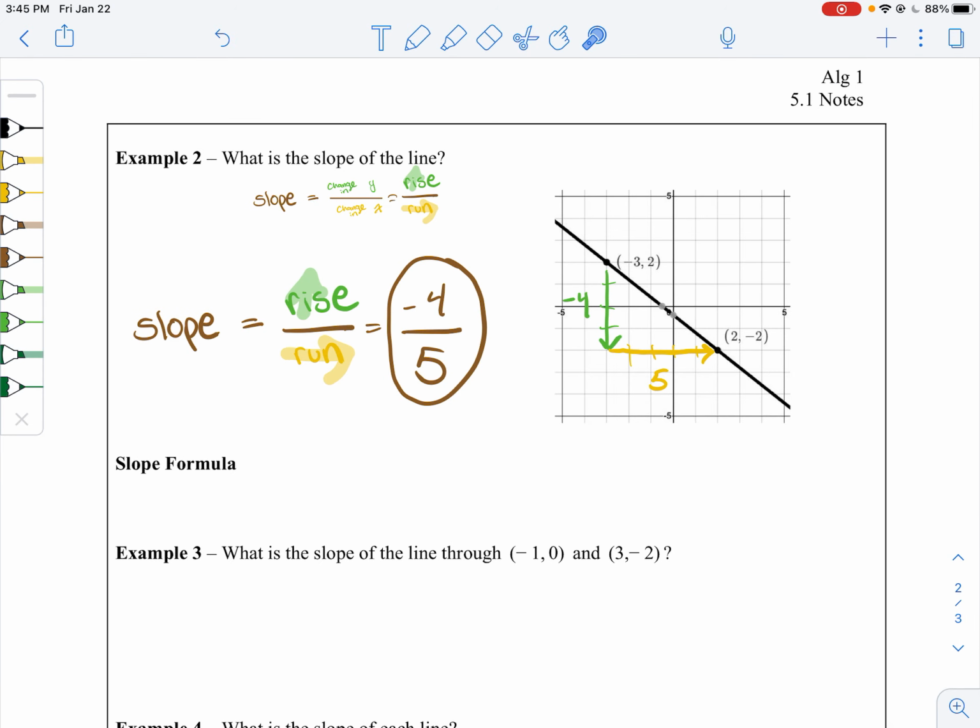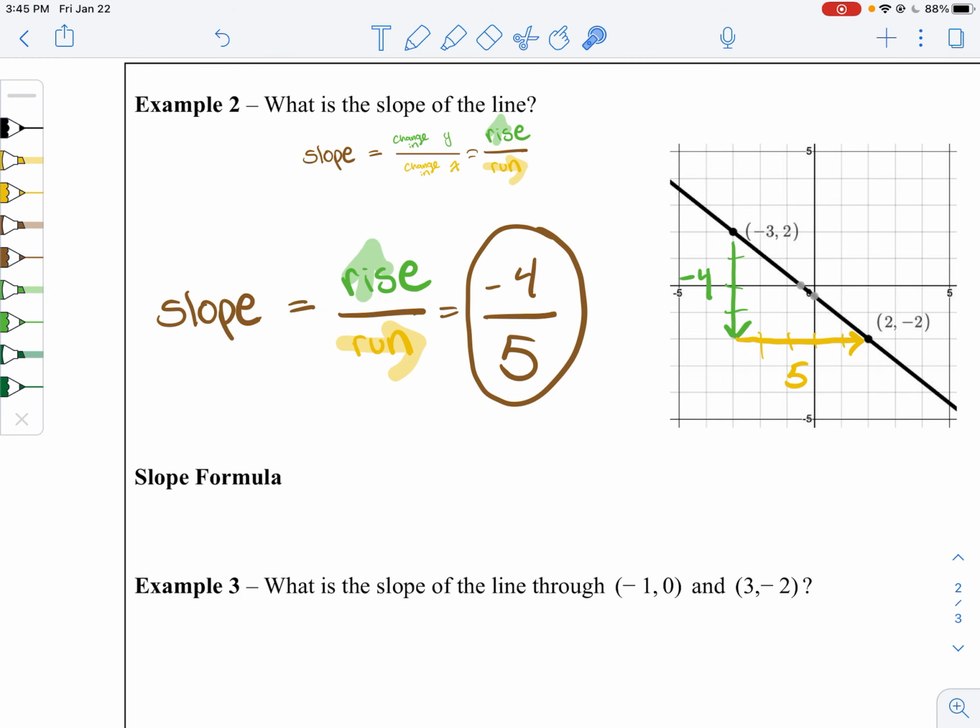Now that brings me to our slope formula. We said earlier, slope is your change in y over change in x, and to find how something changes, that's a subtraction problem. So slope is always going to be the difference between this y value and this y value.